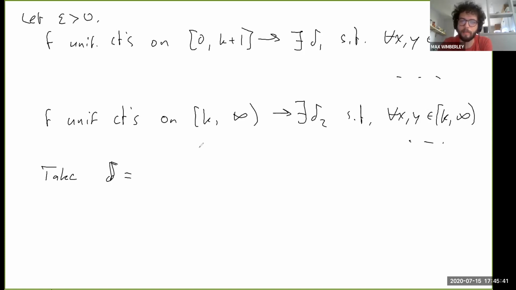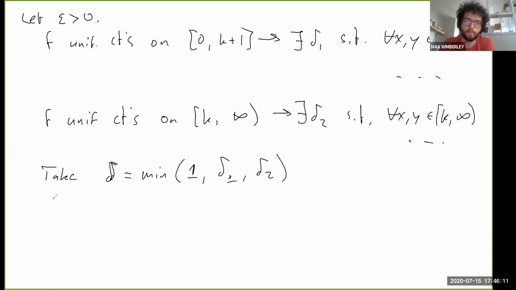The problem is if delta 1 and delta 2 are really big, we might accidentally get x between 0 and k, and then y between k+1 and infinity. They might not be in the overlap, basically. So we have to take delta to be the minimum of 1, delta 1, and delta 2.